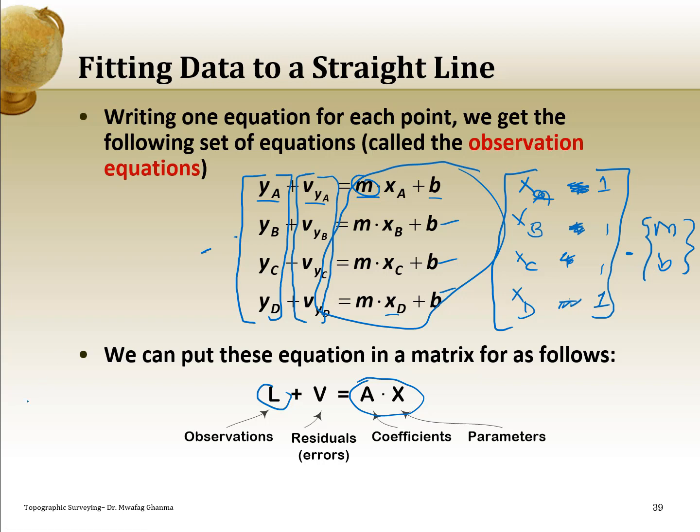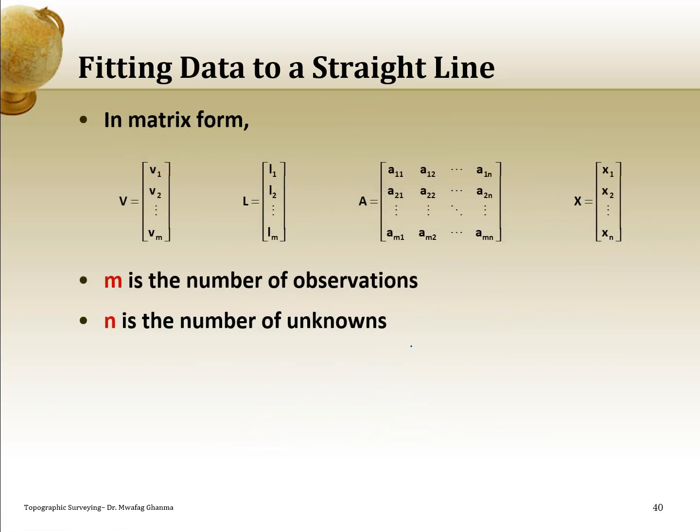So at the end, what do we have here? We have the observations plus the residuals equals the coefficients, which we call the A matrix, or the design matrix, multiplied by X, the vector of the parameters or the vector of the unknowns. Here is another representation in matrix format.